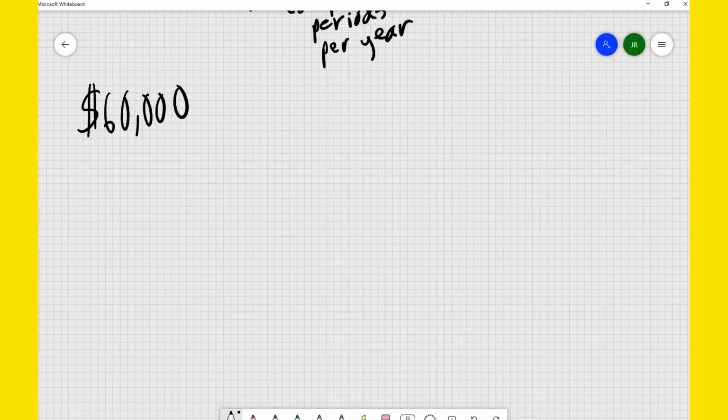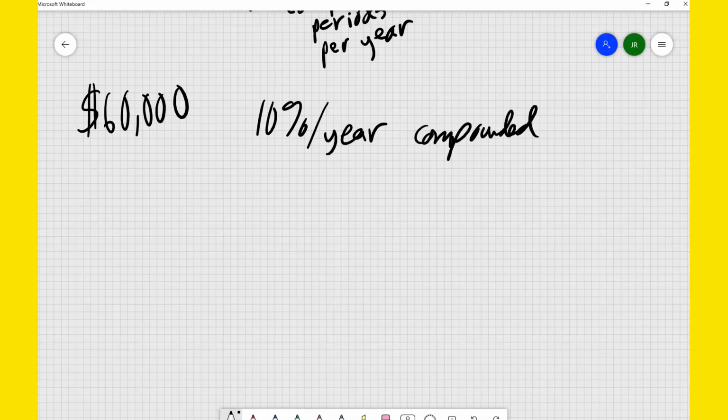But you put away $60,000, and let's say you put it into an account in the stock market, mutual fund, or index fund, or something like that. And let's say you gain 10% per year, compounded quarterly.